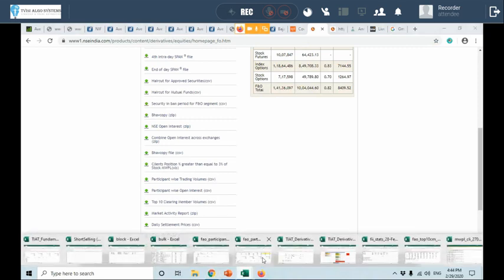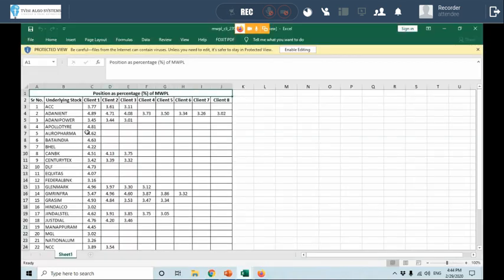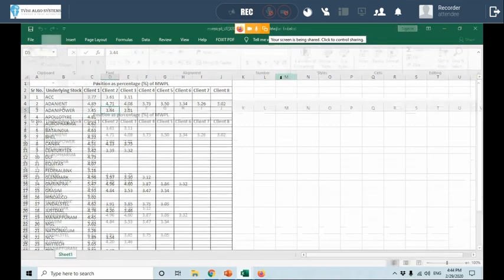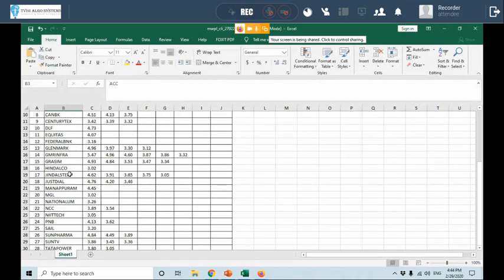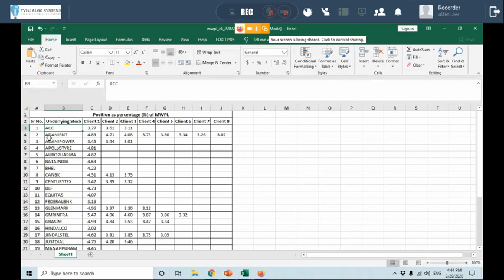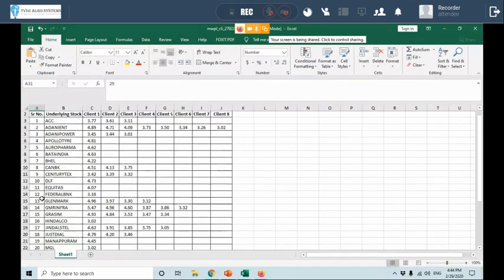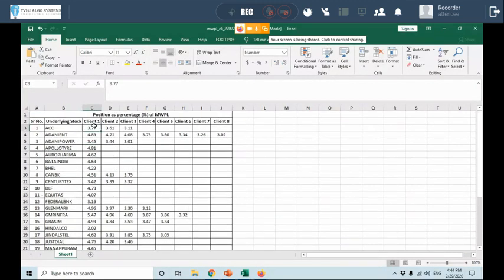If I look at this data, you need to capture it daily. So these are the stocks where clients have more than 3% open interest, in simple words.